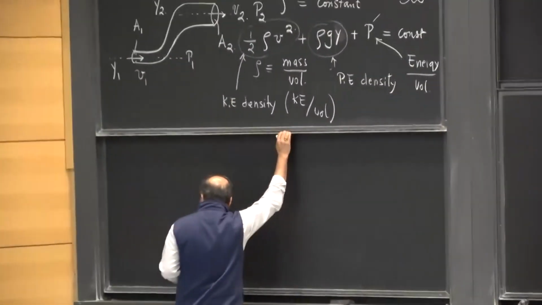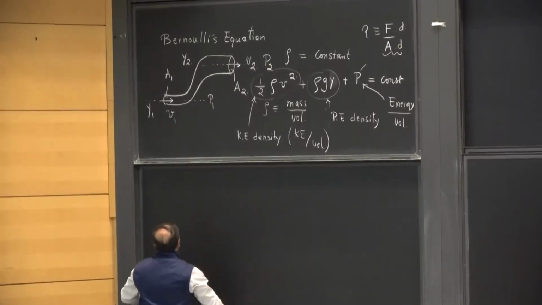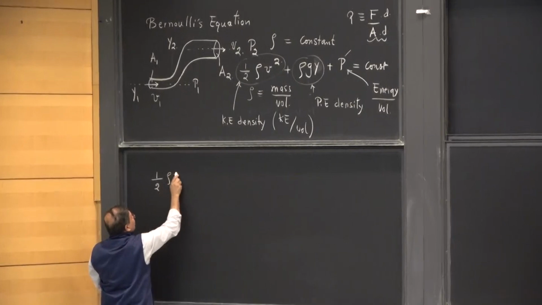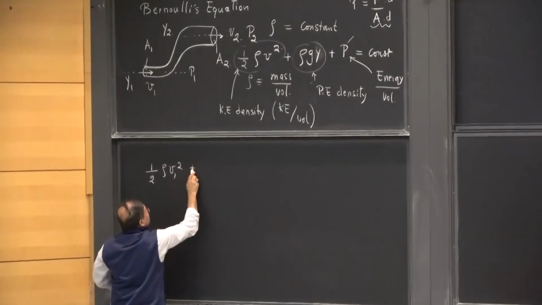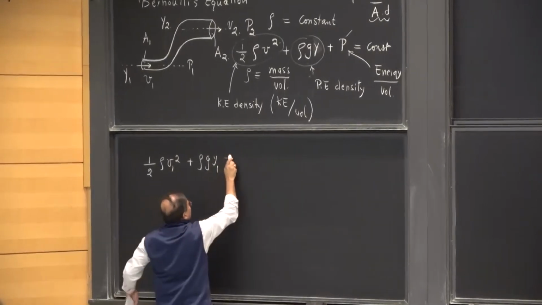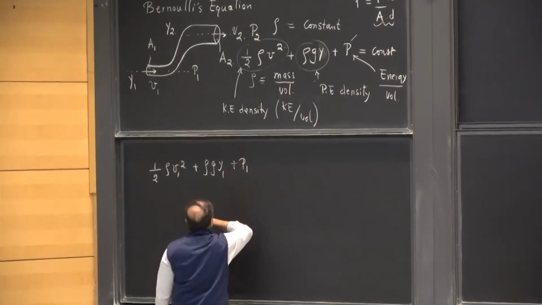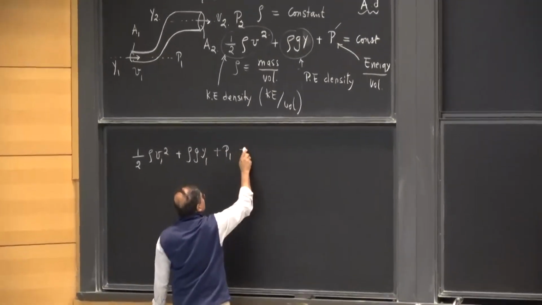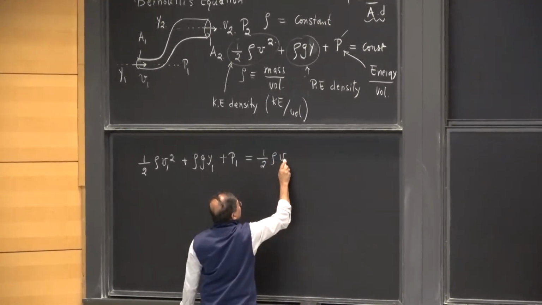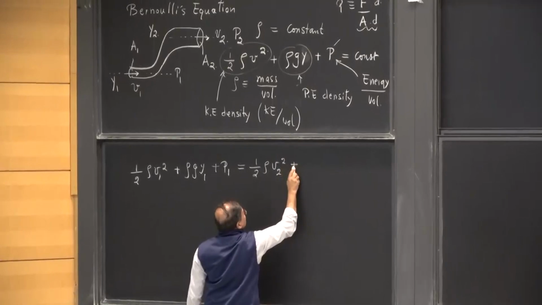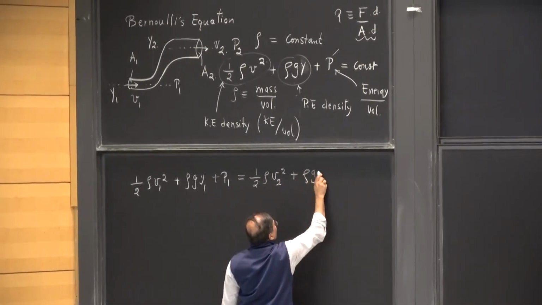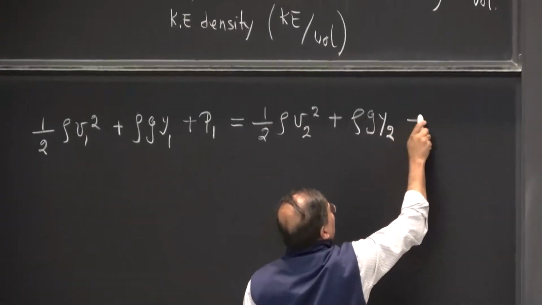And you can therefore relate what's going on in this pipe by saying 1/2 rho v1 squared plus rho g y1 plus p1 must be equal to, in this case, 1/2 rho v2 squared plus rho remains the same, g y2 plus p2.